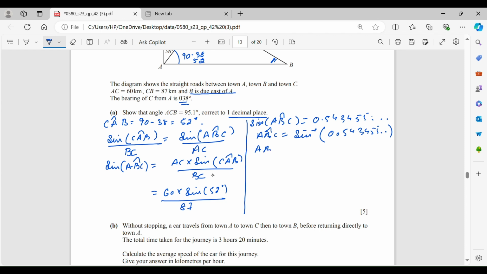So ABC will be equal to 32.9191. So ABC in 3 significant figures is 32.9.